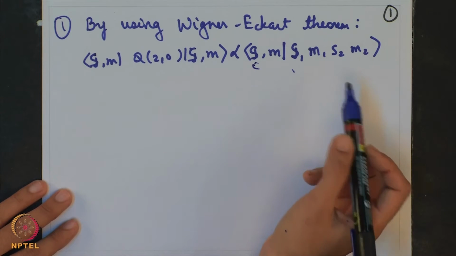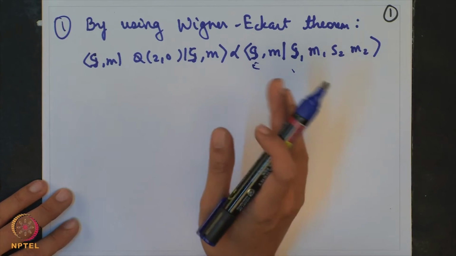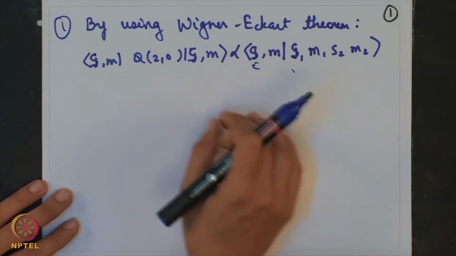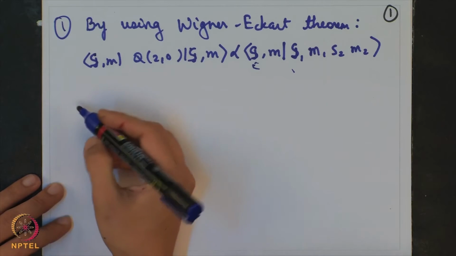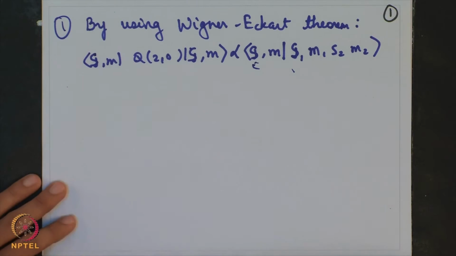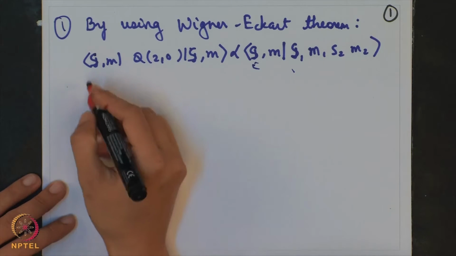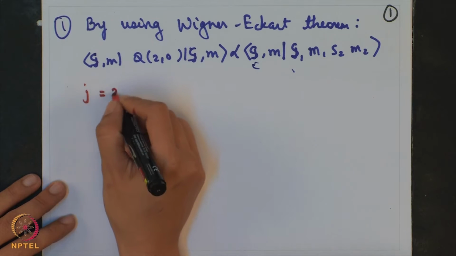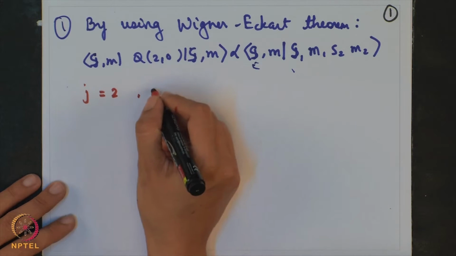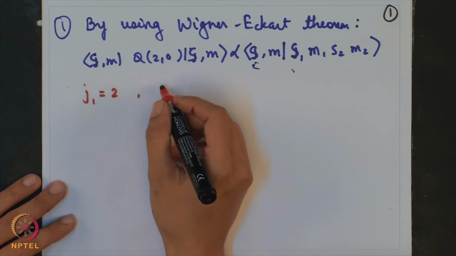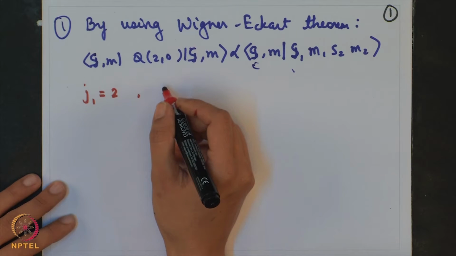I think you might have mastered that by now. If you have done the previous tutorials, then you will be able to simply solve this road map which I am going to give you. So, you will start by writing. We know that J is equal to 2, and so J 1 is equal to 1 in this case, and it is given to you.